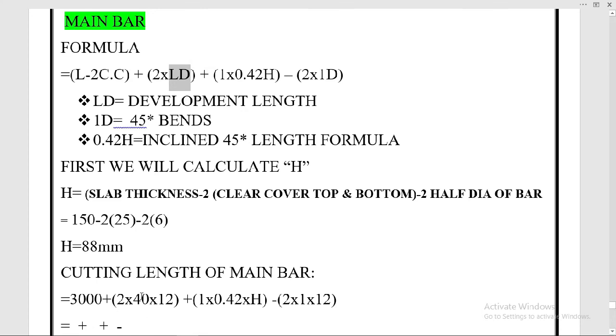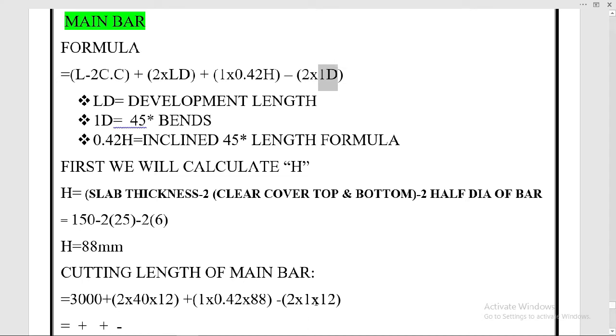So here we put the 40 into D, dia of main bar 12 millimeter, plus 1 into 0.42 into H. H value we have 88 millimeter. So next we have minus 2 into 1 into D. 1D is the 45 degree bend.